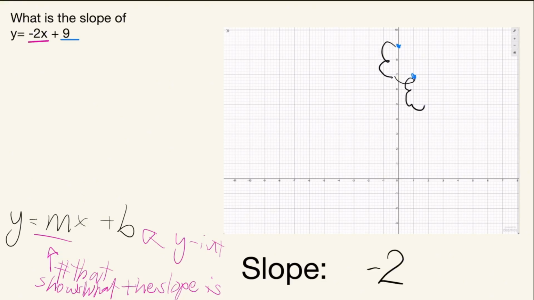Okay. And yeah, if you draw a line across this, let's see if that works. That was bad. Okay, pretend that's like a straight line right there. That would be your line.